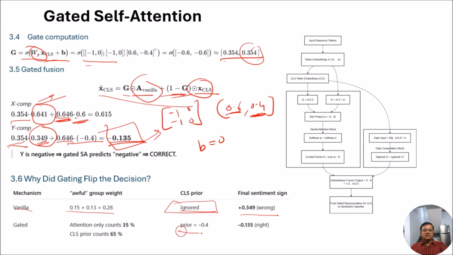In the other case, we are considering the prior also, because this score is high and our attention is giving just 35% weightage, and 65% weightage is coming from the prior, meaning 65% of the score is coming from here and only 35% from here. So when we combine this, it automatically changed the sign. That's why this flip happened, and this is how the system actually works.